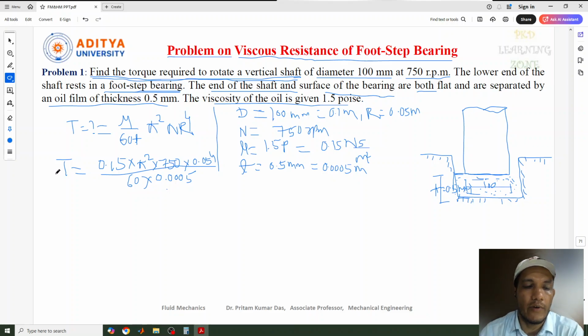Just solve this and you can get the value of torque. What is the torque required to rotate this vertical shaft?